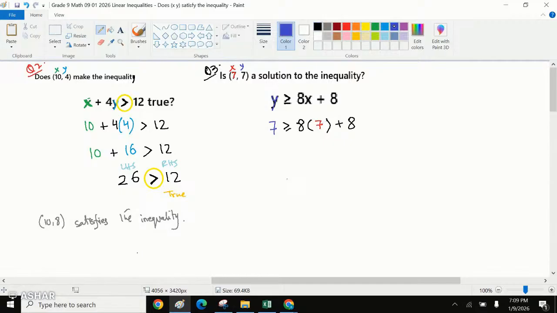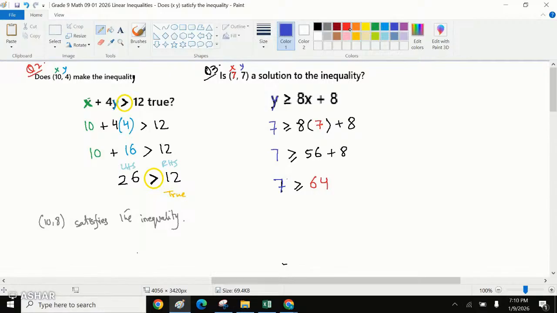So can we say 7 is greater than or equal to 8 times 7, which is 56, plus 8, and 56 plus 8 is 64. So can we say 7 is greater than or equal to 64? Is this statement true?